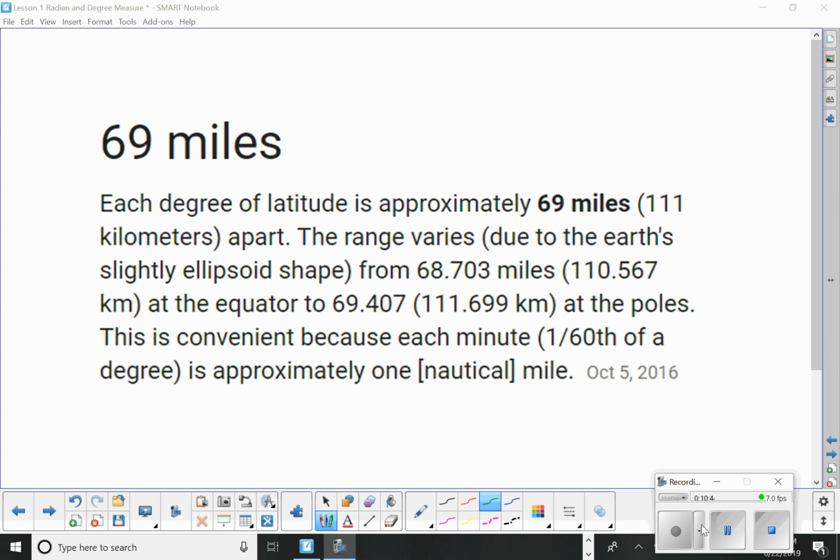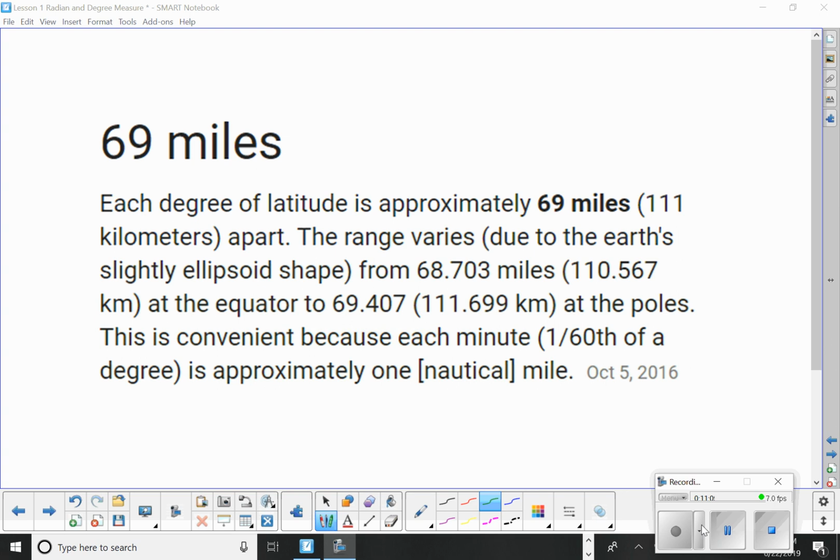This is convenient because each minute of a degree is approximately 1 nautical mile, okay? So, we're not going to get into nautical miles and all that kind of stuff, but understand, 1 degree looks so tiny when you do it on your paper, but from the center of the Earth to the Earth's surface, that becomes 69 miles. That's huge.